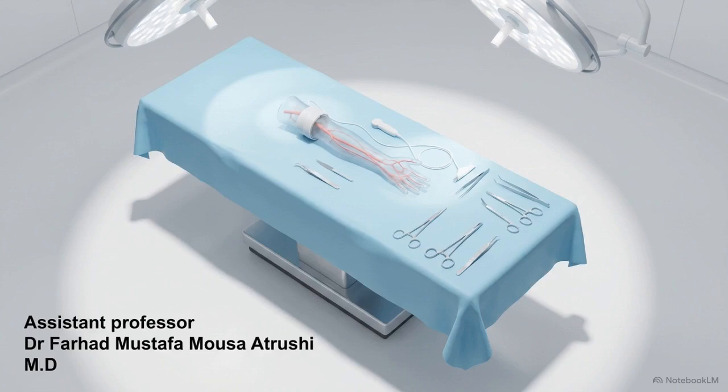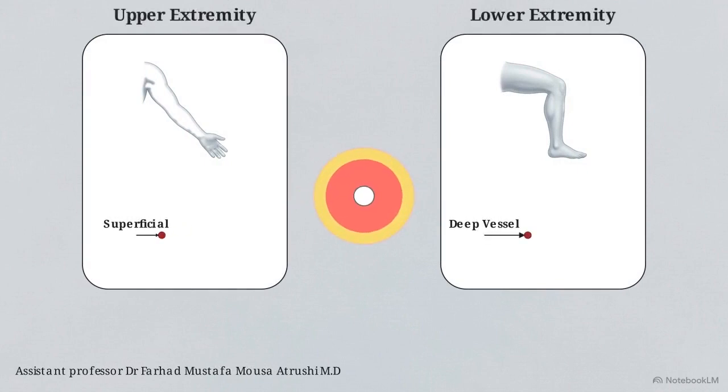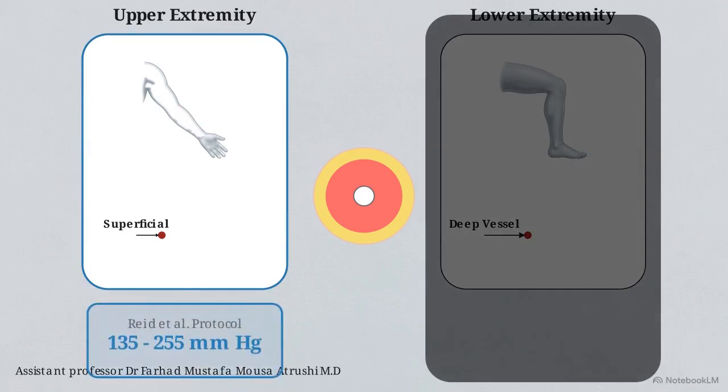With the calculation of LOP plus margin established, we can map this data against the expected anatomical realities of the operating room. Upper extremities and lower extremities possess different tissue masses and vessel depths, which changes the force required to safely compress them. In the upper extremity, the Reed et al. Protocol typically results in satisfactory tourniquet pressures between 135 and 255 millimeters of mercury.